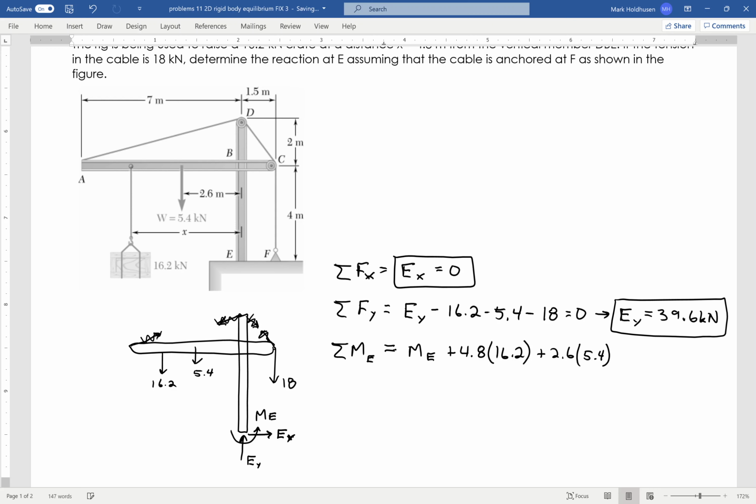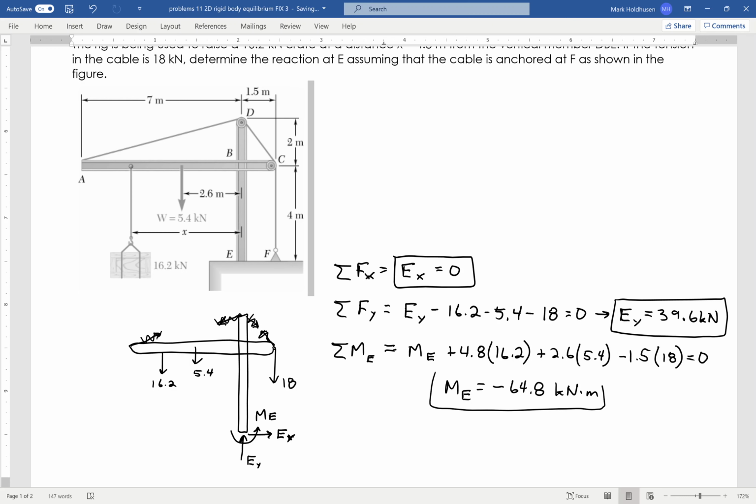And then the 18 is on the other side, so it's going to be negative 1.5 times 18 equals 0. Solve this for the couple about E, and I get negative 64.8, and that's going to be kilonewton meters.